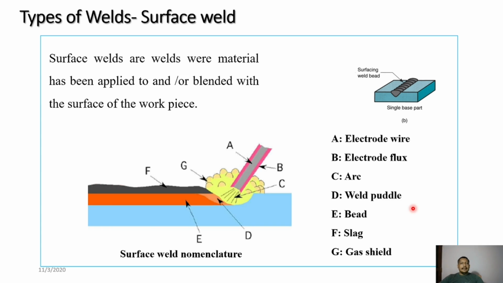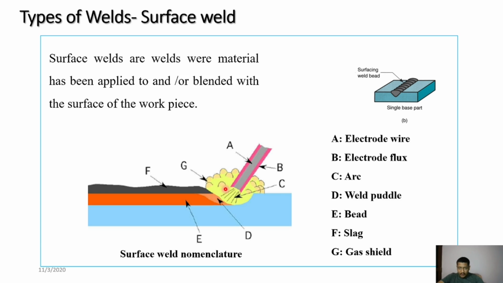So we can see that surface welds are welds where material has been applied to and/or blended with the surface of the workpiece. The purpose of the flux here, as I told you, is to prevent oxidation or other atmospheric gases from getting entrapped in the weld.